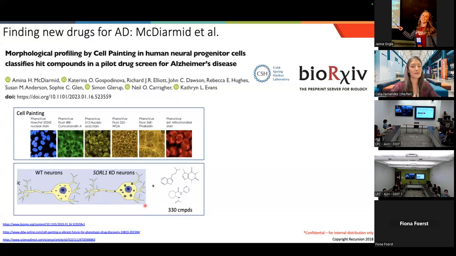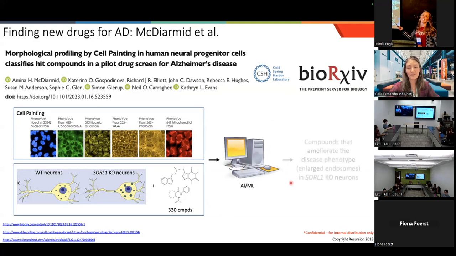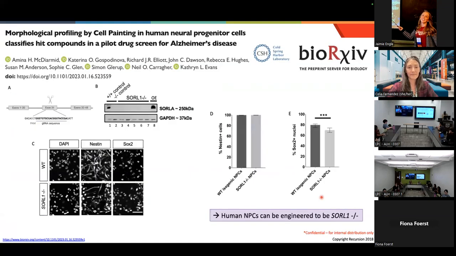So we'll find some compounds that will rescue this disease phenotype using this cell painting assay. So they did this and they generated a lot of data, a lot of imaging data, and then they used AI, machine learning methods to analyze all of those images. And they identified some compounds that ameliorated the disease phenotype. And this is kind of the same thing that we do at Recursion.